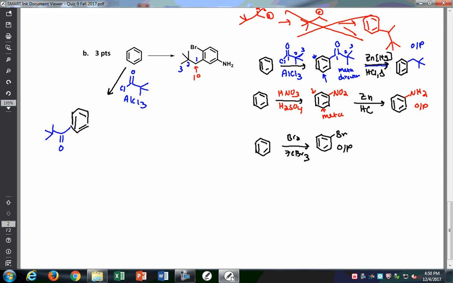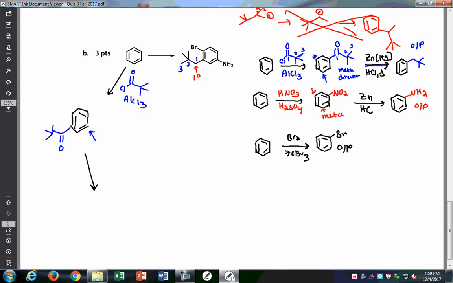We don't have to reduce it because this is meta directing, is going to direct in this position, and guess what's in that position? The NH2 group is in that position. So since we want something in that position anyway, we can just add that next.